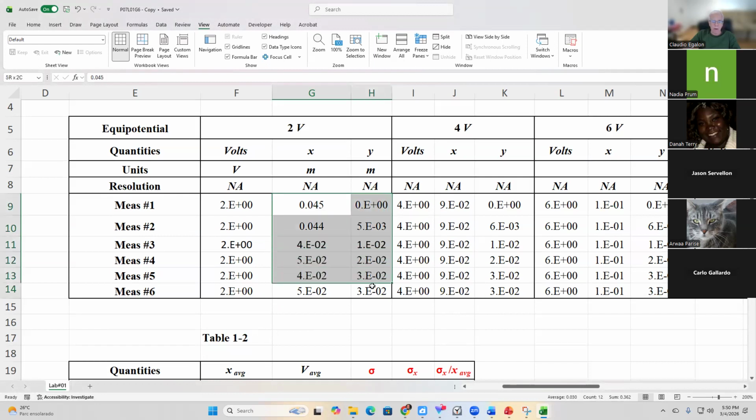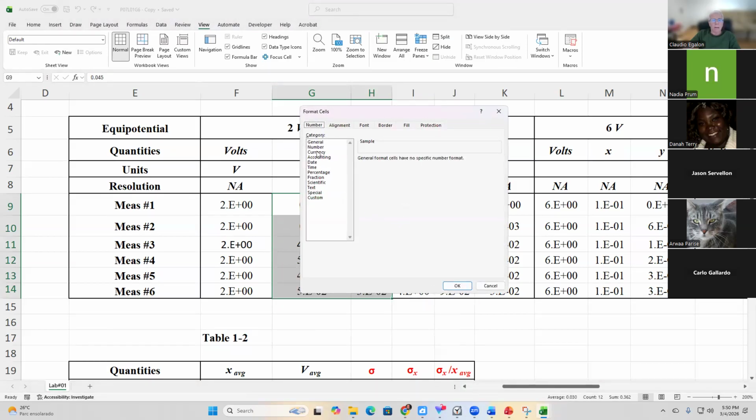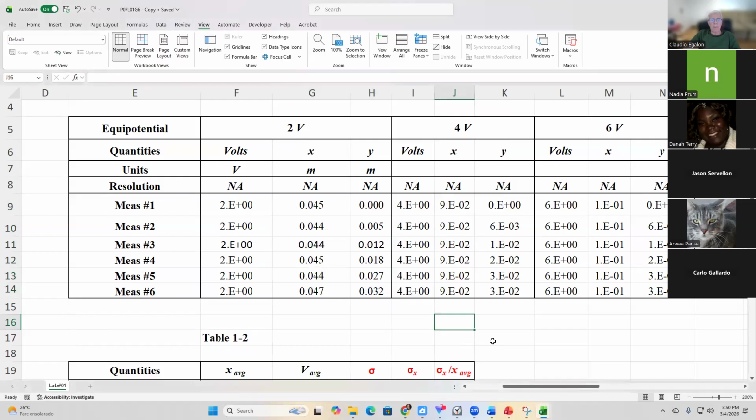And by the way, everyone here is going to be the same. Format, numeric, 3 decimal places, which corresponds to the millimeter. Okay, that's just for the ruler.